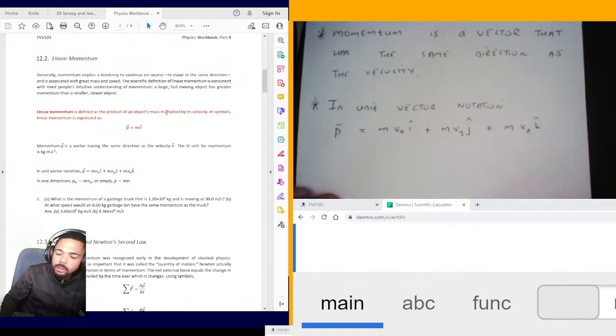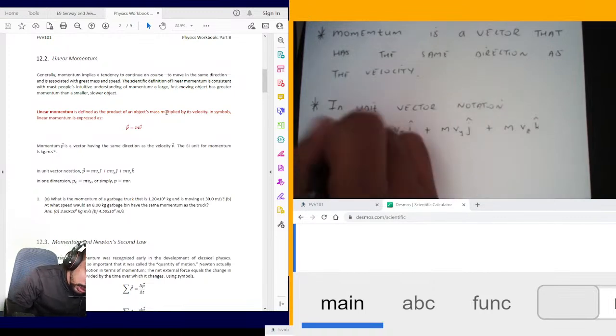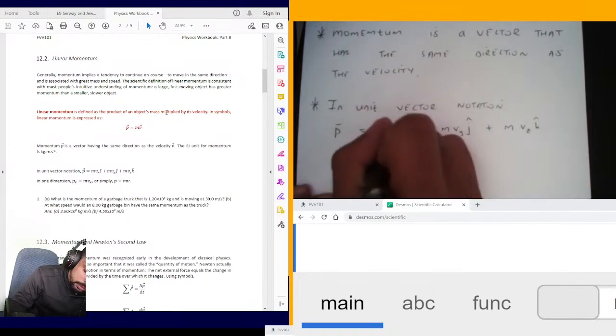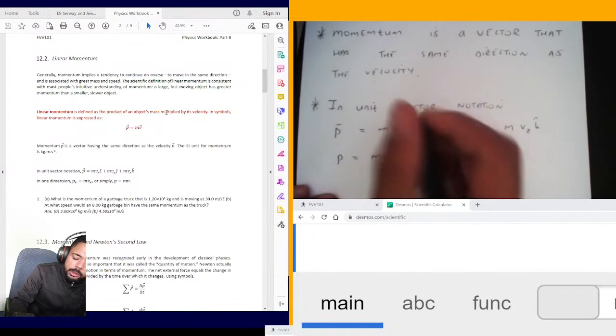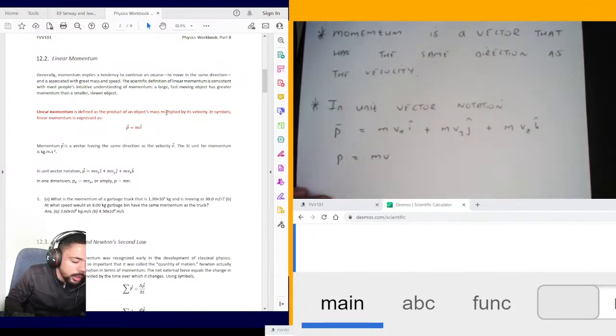That is momentum in unit vector form. Now we will mostly just be using it in one direction, so it'll just be mv. So we drop the subscript.